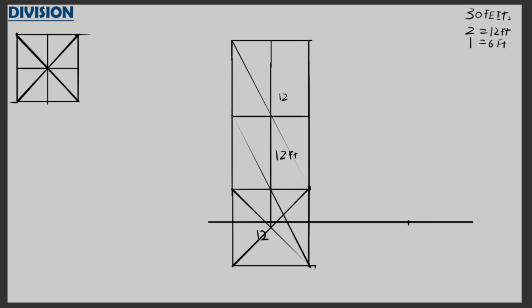So once we find the center, we will draw the vertical line. Now the vertical line has divided it into two, so they both are 6 and 6 feet. We can erase the top one because we don't need it.